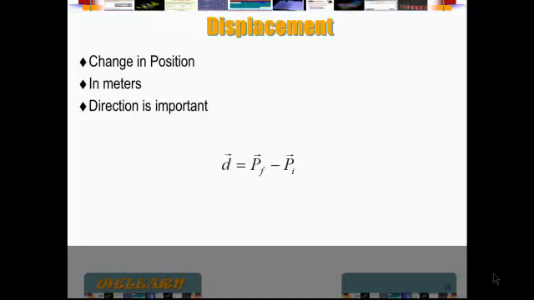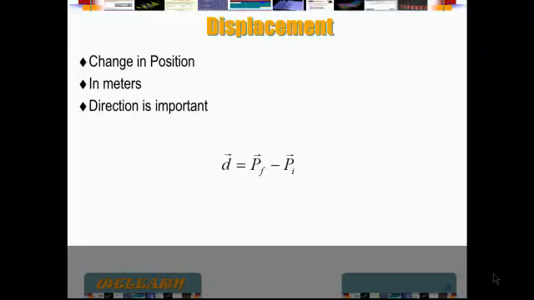We define it relative to a frame of reference, to a reference point. It's going to be given in terms of a distance away from that reference point and a direction relative to our frame of reference.